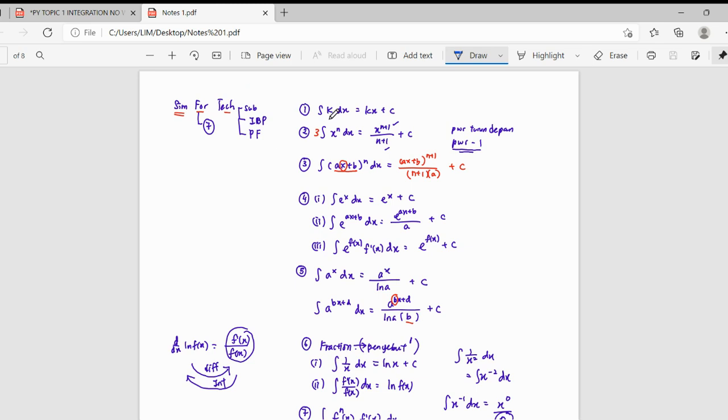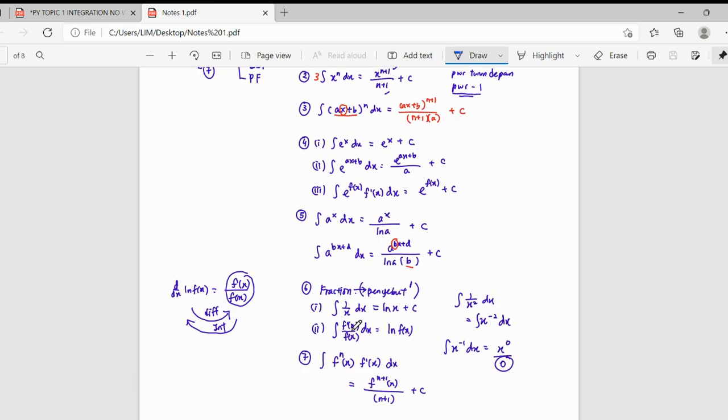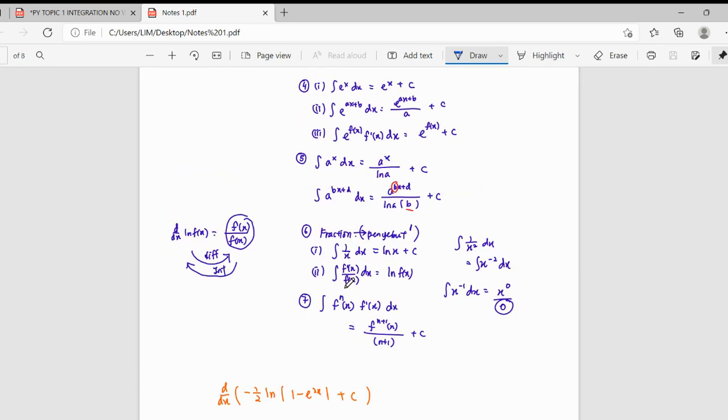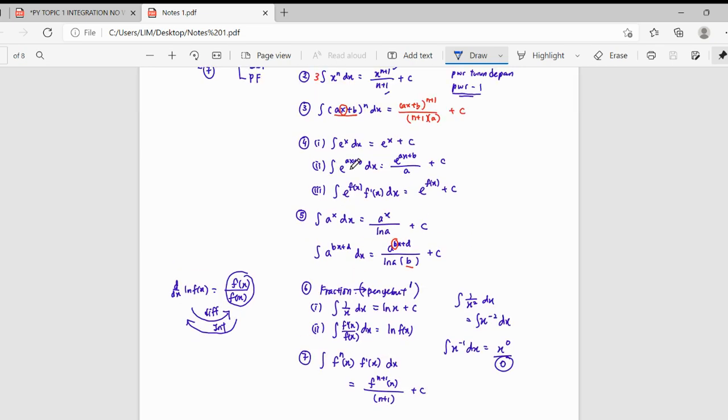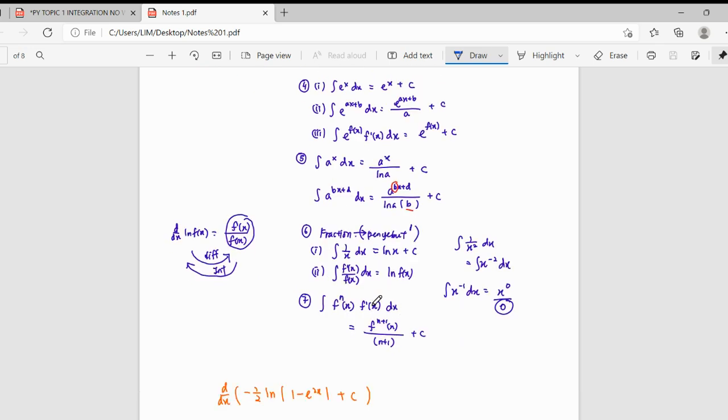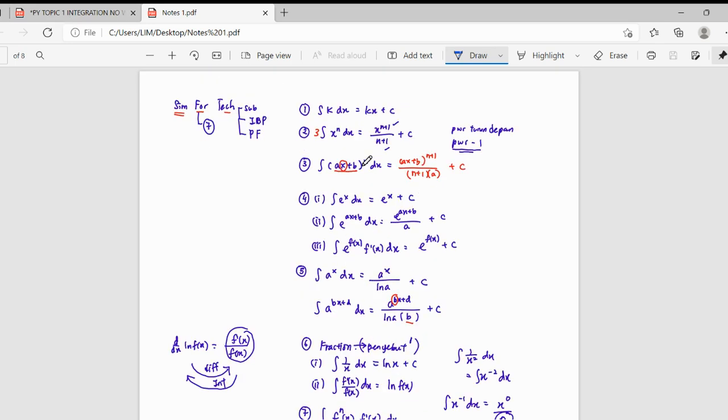Bear in mind our formulas: we don't have a formula to integrate ln. We have formulas to integrate exponentials, fractions, and a function multiplied by another function. So we don't have any integration formula for ln, which means we have to solve it by a technique of integration.